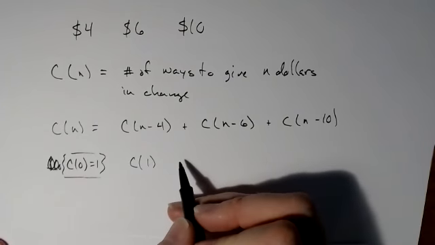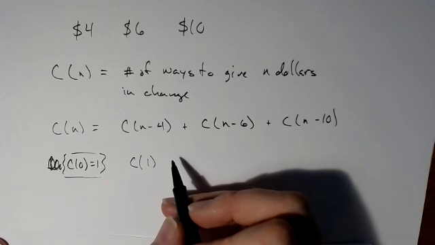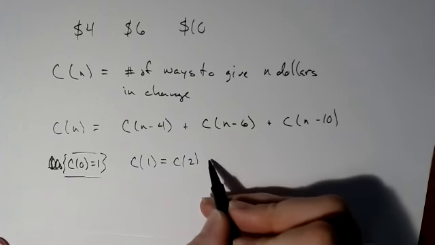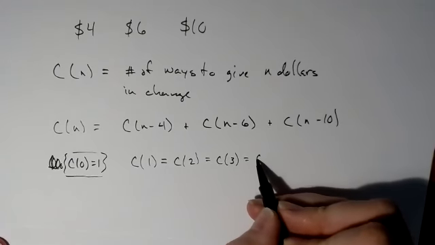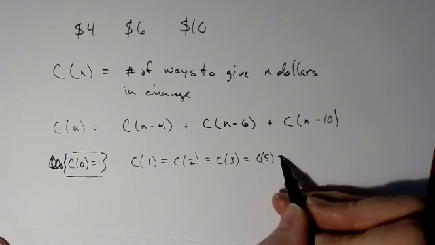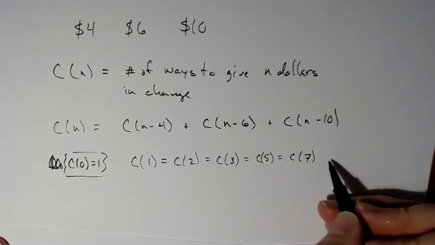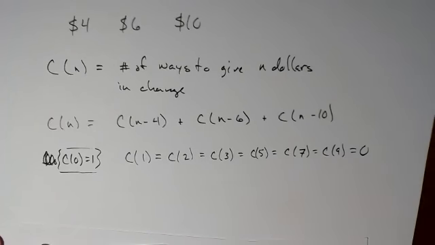How many ways can I give $1 in change? Same for 2, 3, 5, 7, and 9, right?